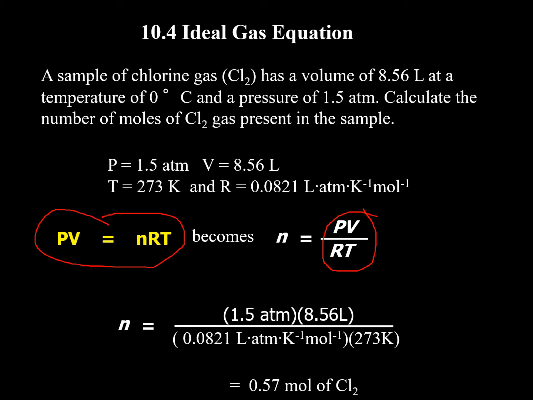And the units should cancel. The atmosphere should cancel with the atmospheres. The Kelvin, K to the minus 1, you can flip it over, which will cancel with the K, and the liters will cancel, and you're left with the moles in the denominator, and you bring it up, it becomes 0.57 moles of Cl2.